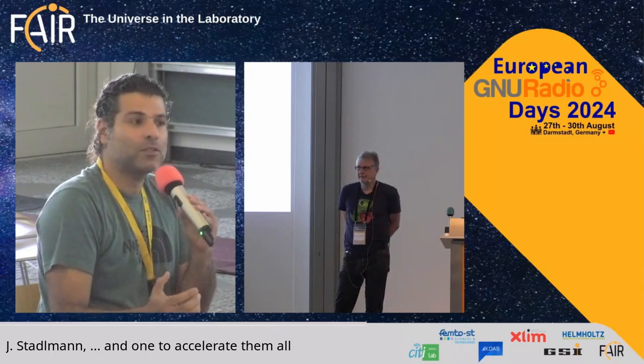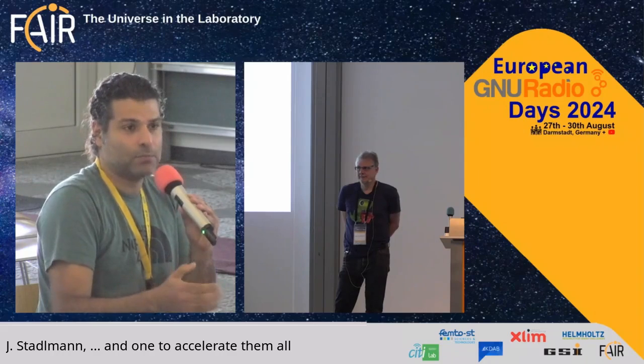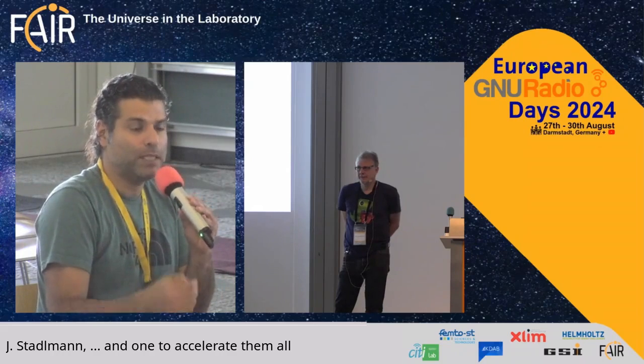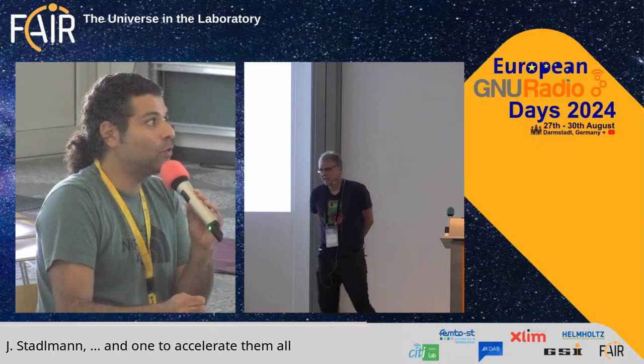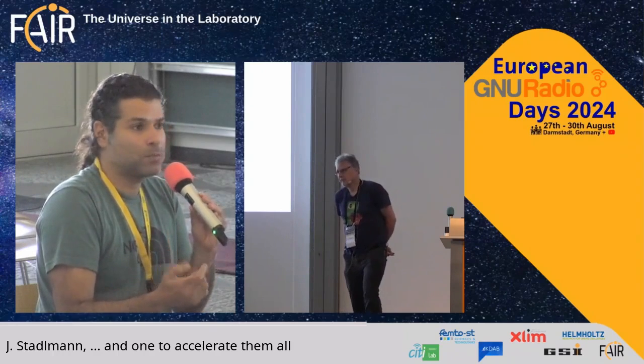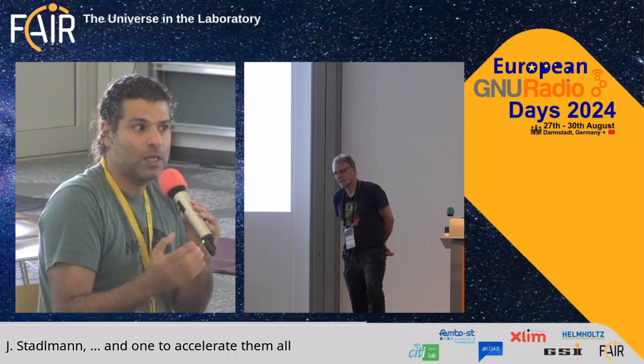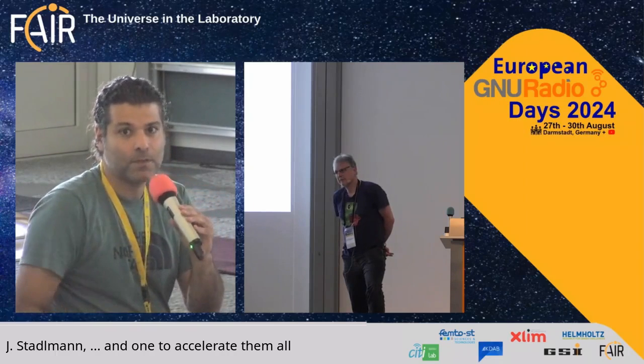So GR is going to help us. It is going to be even more included in our workflow in order to make these kinds of measurements possible directly from these RF sensors. Thank you.